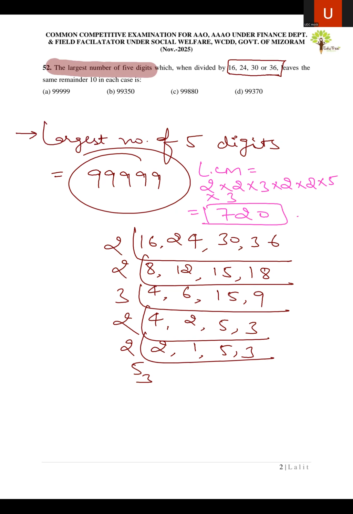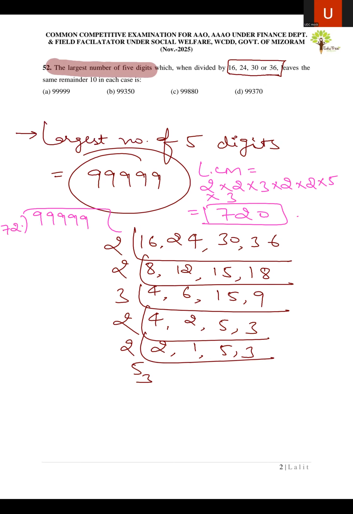So what we do now, we just divide the number by 720. That is, I have to divide 5 nines by 720.